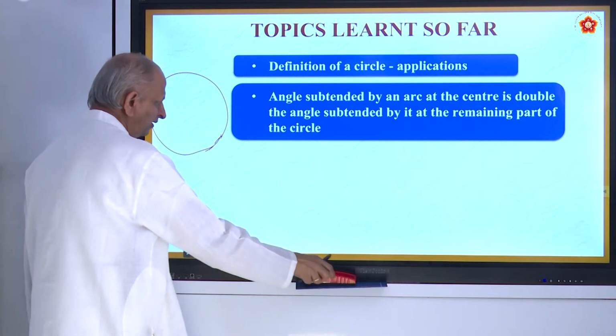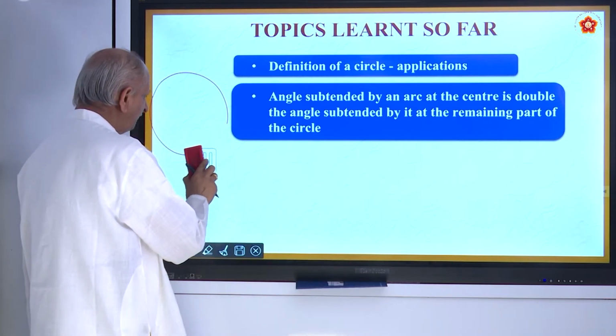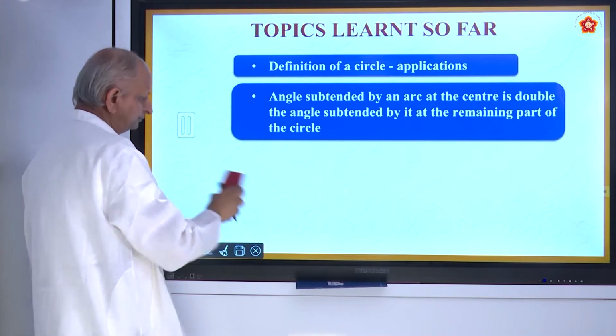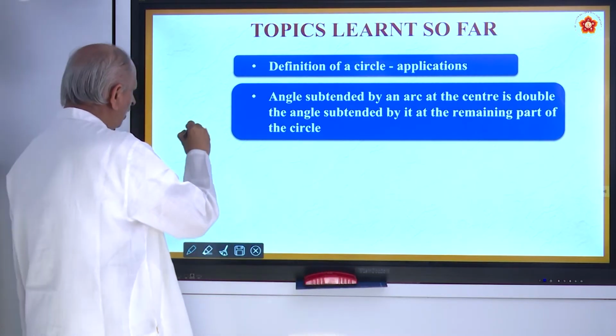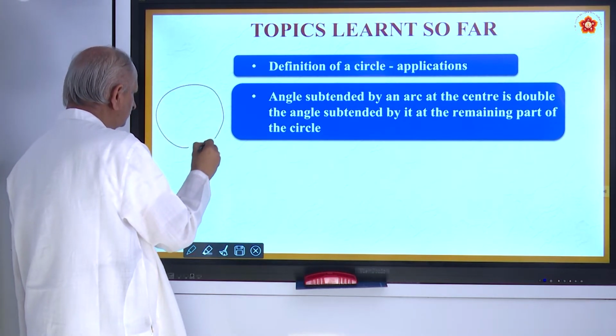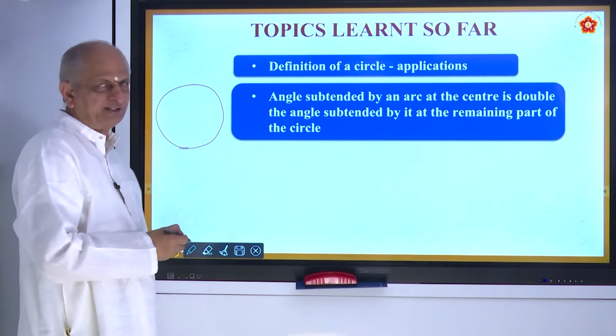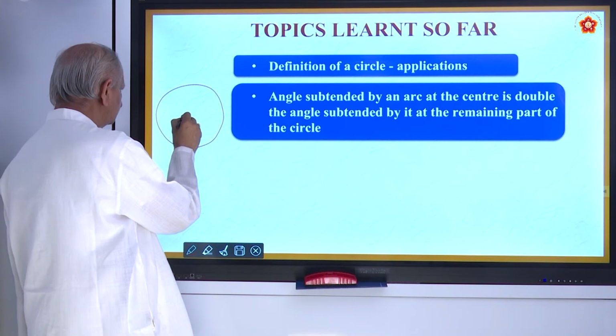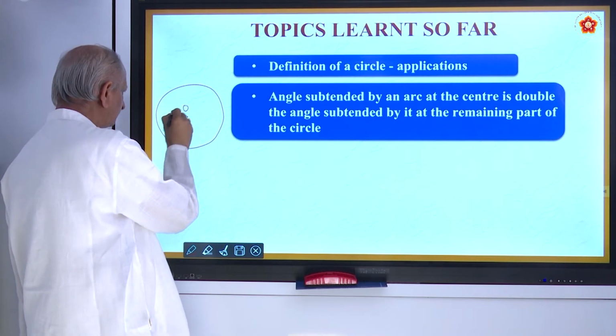Arc is a part of the circumference. Is it not? How do you draw a circle? You can draw a circle with the help of a compass. Is it not? So this is the center.